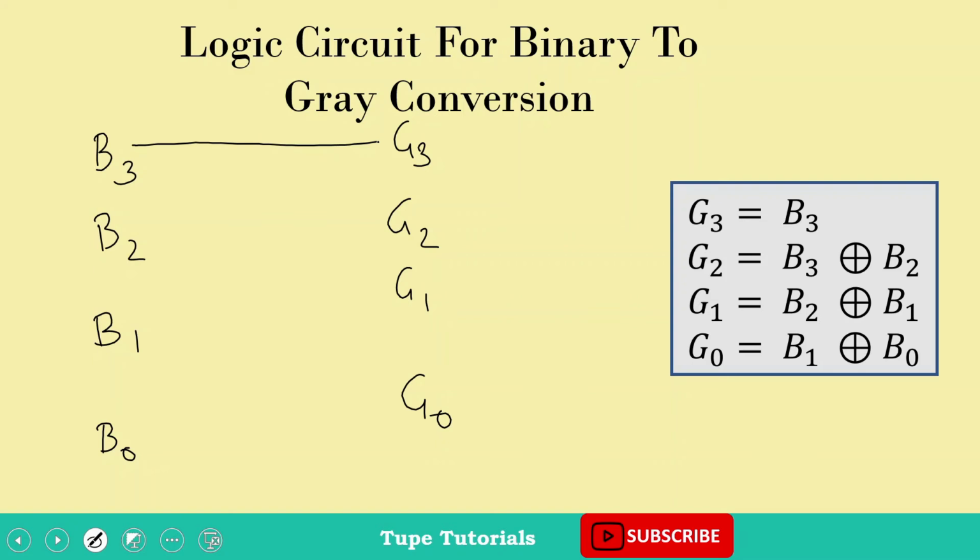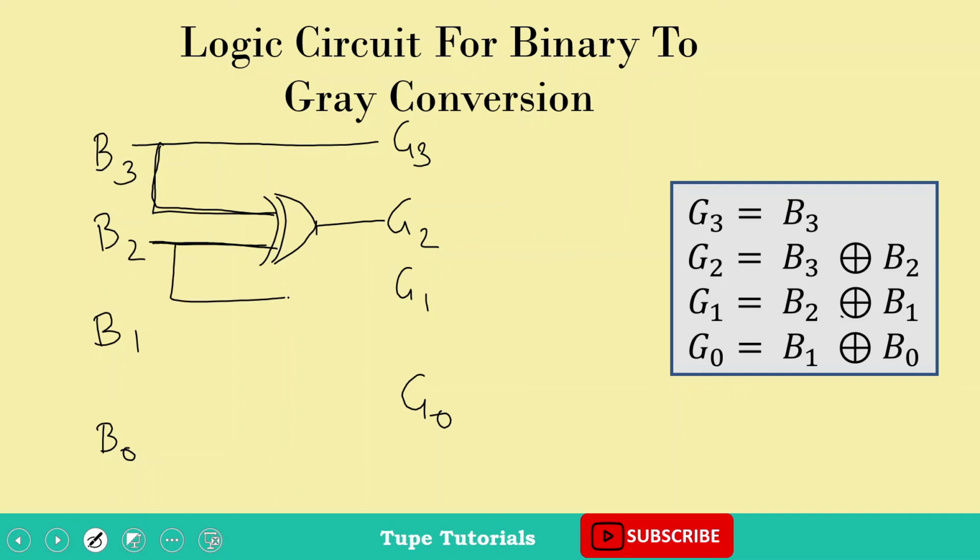Now for G2, we need two inputs, B3 and B2. We have to do their XOR. So take B3, take B2, do the XOR. This is the symbol of XOR, and whatever the output will be is my G2. See, B3 XOR B2, output will be G2. Similarly for G1, we need B2 and B1.